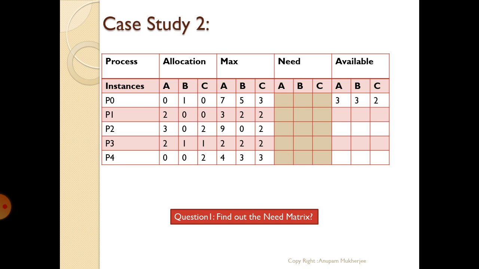In that problem, the system availability has three different types of resources, A, B and C. So in that problem, the first question is to find the need matrix. As I told you earlier, need equals max minus allocation, so we will calculate the need matrix.